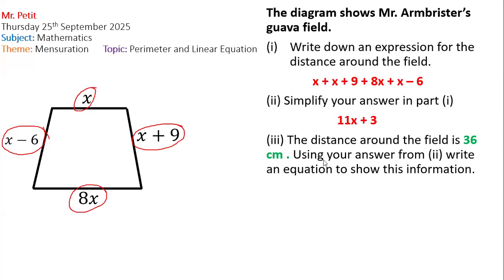Can you read number 3, please? The distance around the field is 36 centimeters. Using your answer from 2, write an equation to show this information. Very good. And Anthony, read number 3. The distance around the field is 36 centimeters. Using your answer from 2, write an equation to show this information. One more person. Carly, read number 3.